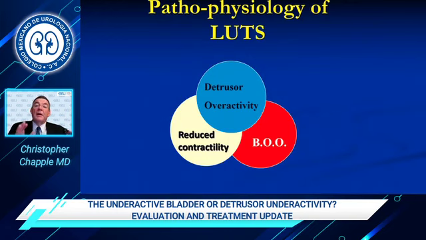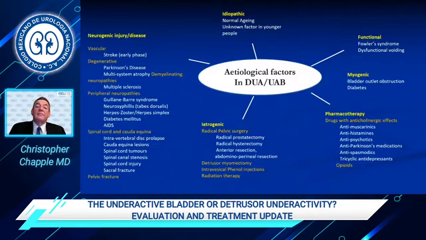Ultimately, if you look at the pathophysiology of the lower urinary tract, you can have overactivity, you can have reduced contractility of the bladder or underactivity, and you can have bladder outlet obstruction. And of course, behind all that, we have a number of different causes. Ultimately, we often don't know the cause. It may be idiopathic. There may be a functional abnormality, Fowler syndrome, dysfunctional voiding. There could be a problem with the muscle.